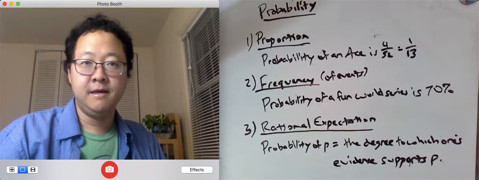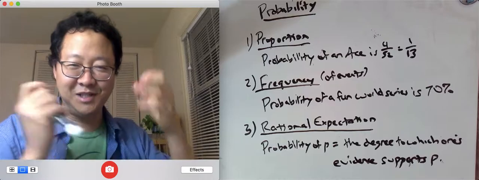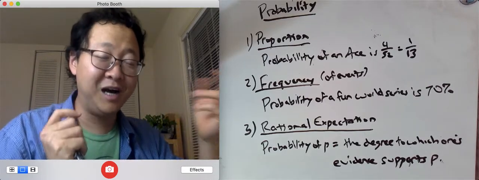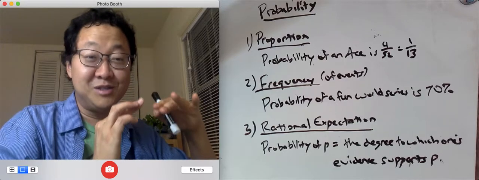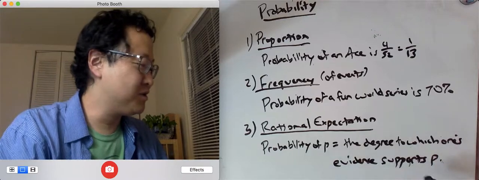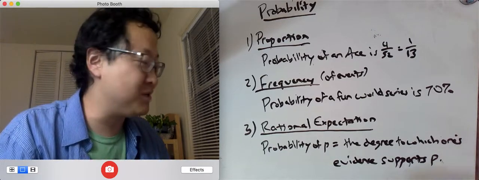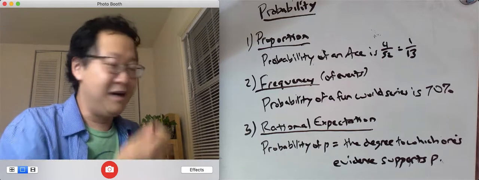Okay, so rational expectation understands probability just in terms of, it's called rational expectation because it's about what degree of rational confidence you should have in the truth of P, which is really the degree to which your evidence supports P. That's rational expectation.